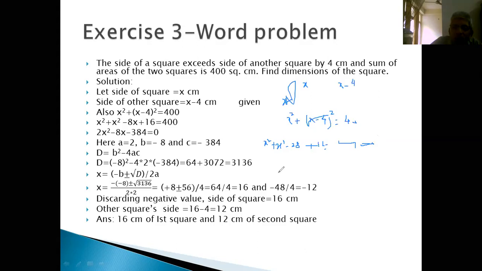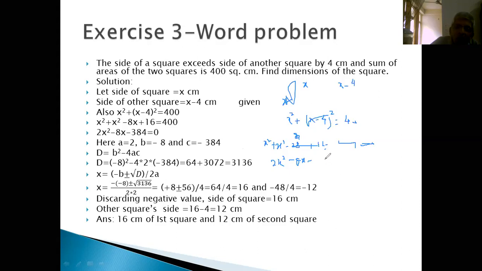Now I take this 400 to the left hand side and I get x square, and plus x square is 2x square. So I get 2x square minus 8x, it was 8x here, plus 16 plus 16, and on the right hand side I've got 400.